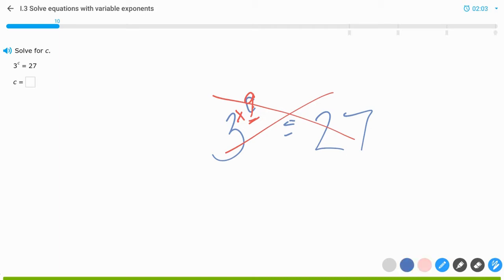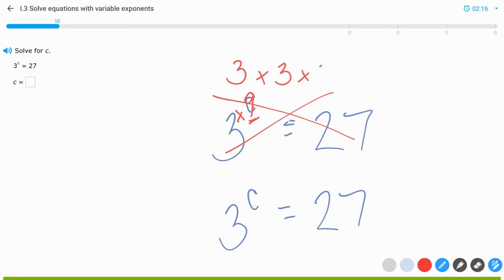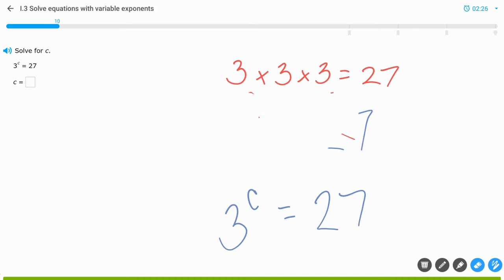When you have 3 to an unknown power, what we're thinking about is how many times do I need to multiply 3 in order to get to 27? So let's take a look at this because I think that the correct answer is 3 times.